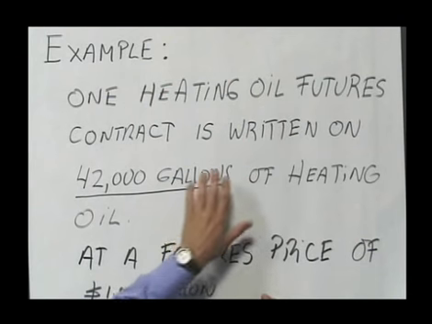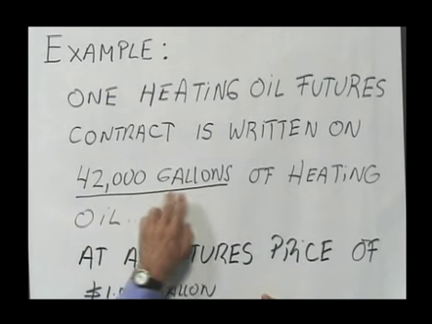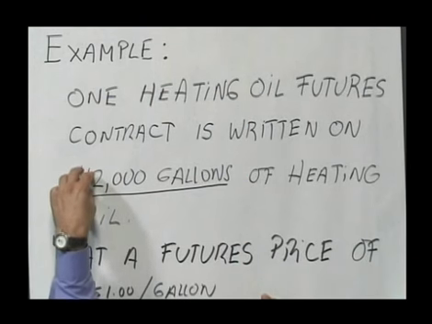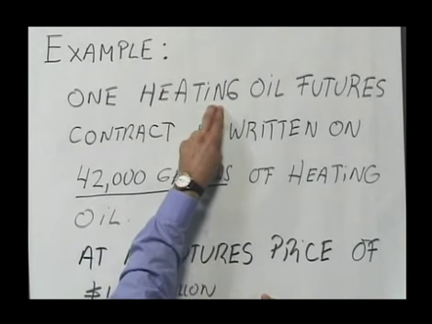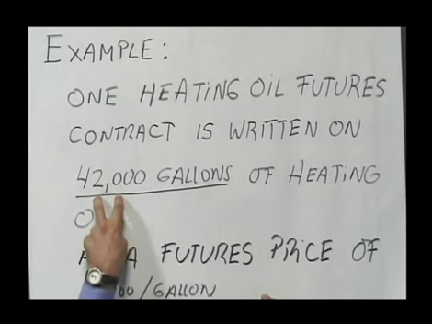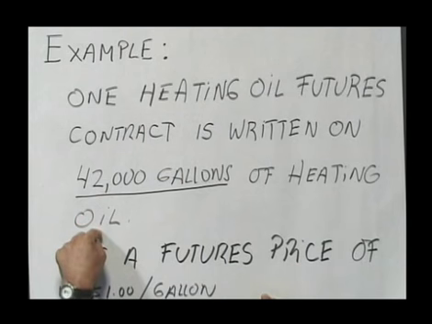In the example, let me just tell you that one heating oil futures contract is written on 42,000 gallons of heating oil. So that's the underlying asset. The underlying asset is heating oil, and actually for a futures contract is 42,000 gallons of heating oil.